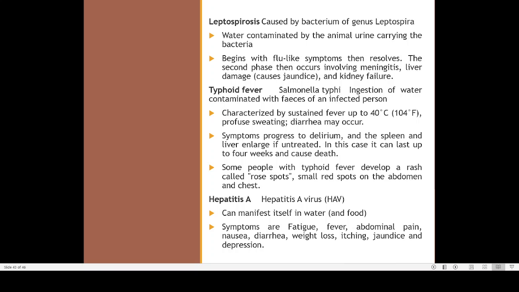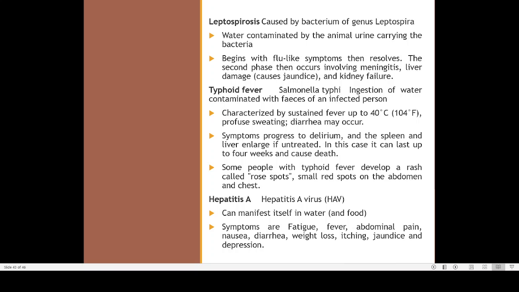Then symptoms progress to delirium. Delirium means the patient may be showing mental abnormality. That is known as delirium. The brain cells will be affected. So that will lead to some kind of madness in those individuals. Then spleen and liver enlargement will be there if it is not treated properly. So that is the main complication of typhoid fever. In this case, it can last 4 weeks and cause death.